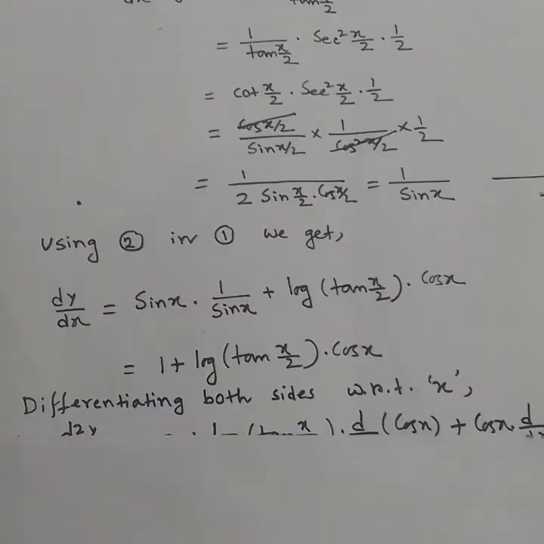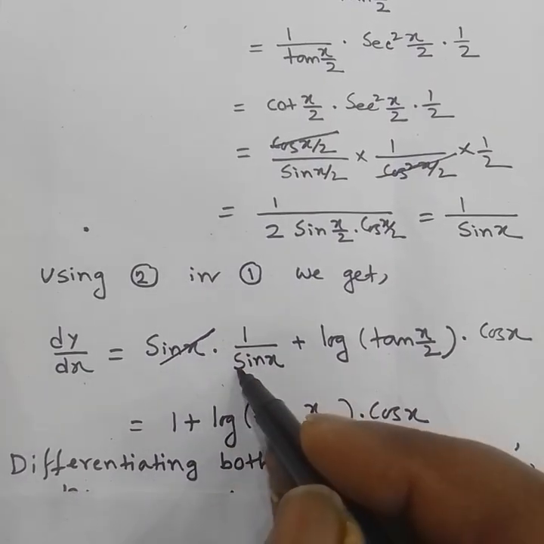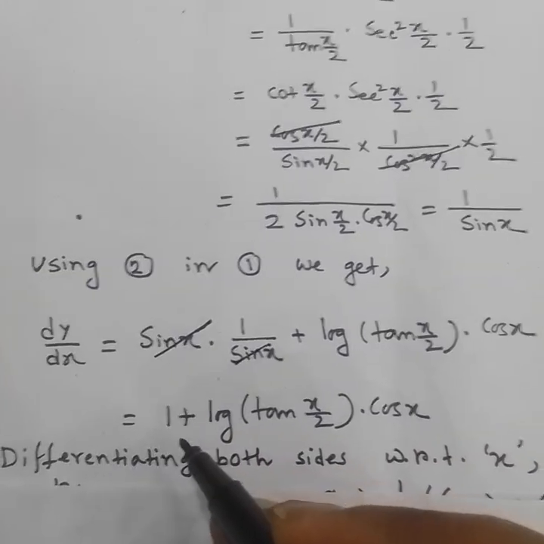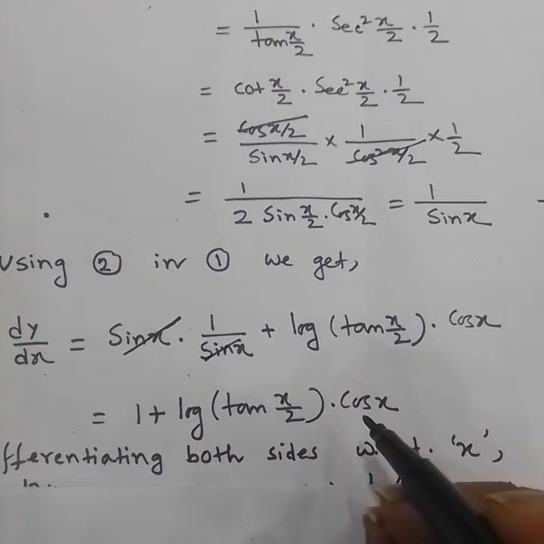Thereafter we cancel sin x by 1 by sin x, which produces 1, and the second term is logarithm of tan x by 2 into cos x.